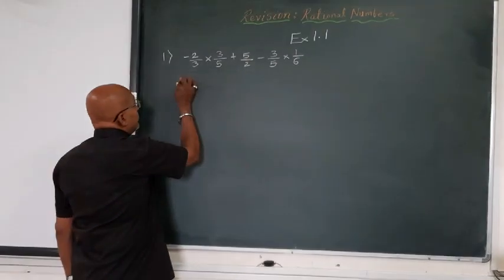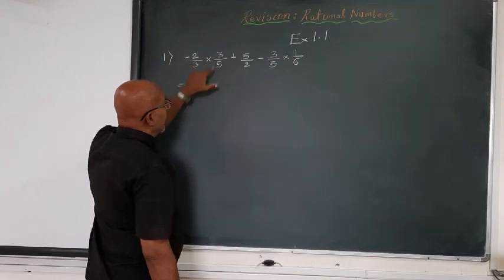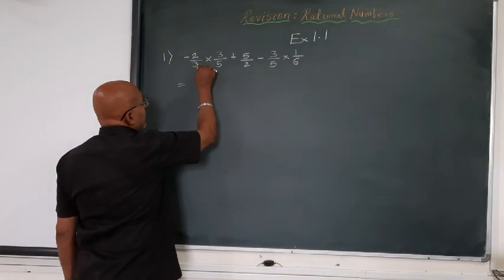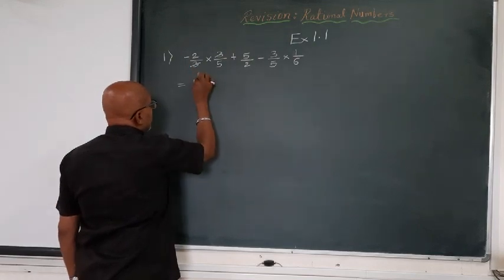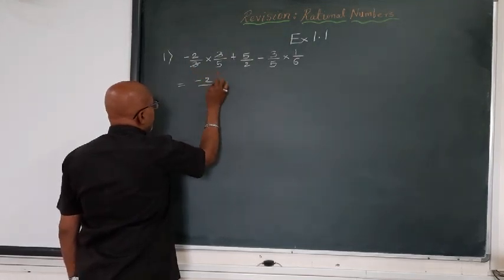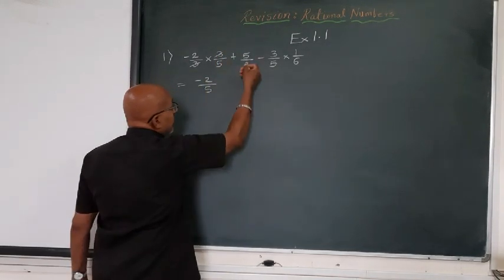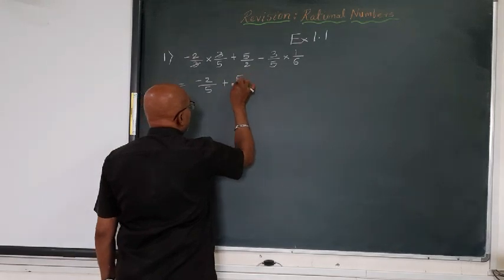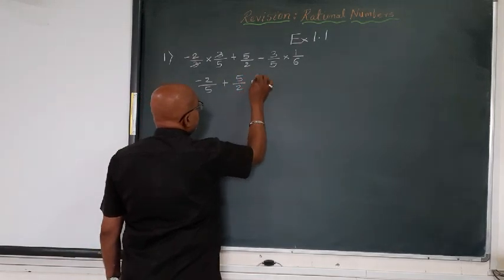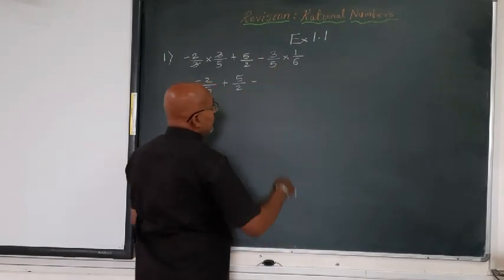So we will go for multiplications first. Our first step will be -2 multiplied by 3, or simply we can cancel this 3 on both sides. So we get -2 upon 5 when we multiply this. Then comes plus 5 upon 2 minus, now this multiplication will be there.